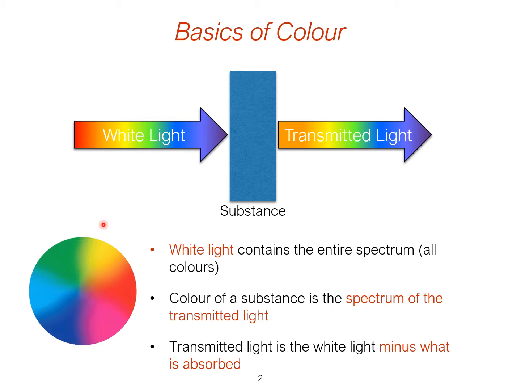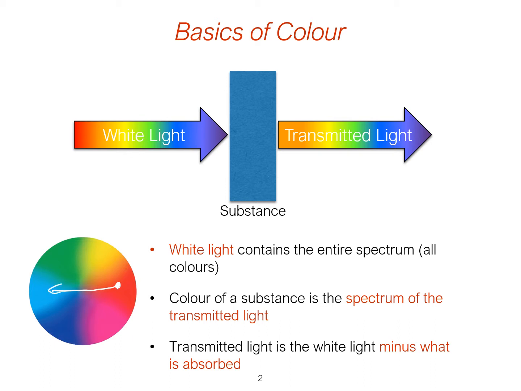And this is in the colour wheel, which I've got down in the bottom left here, the opposite colour to what's absorbed. So for example, we've got this blue substance here. Now that means it has absorbed red light and appears blue. It could be the opposite.